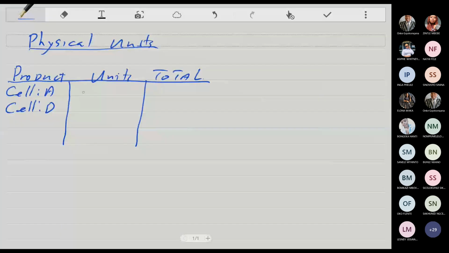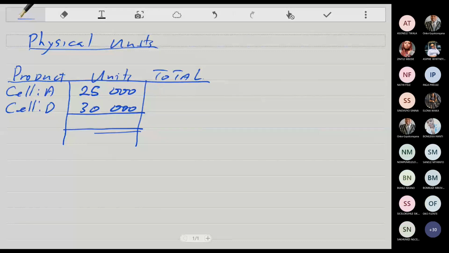So they say that is going to be 25,000 and 30,000. Because we're using these units, we'll need to have a total.